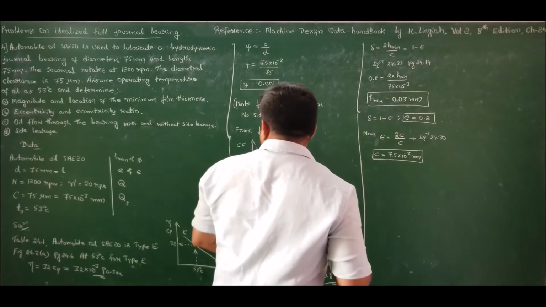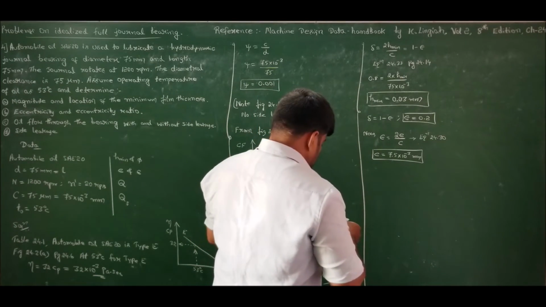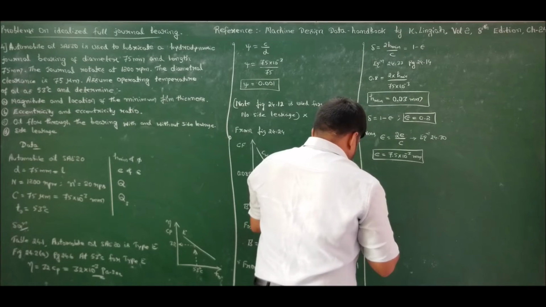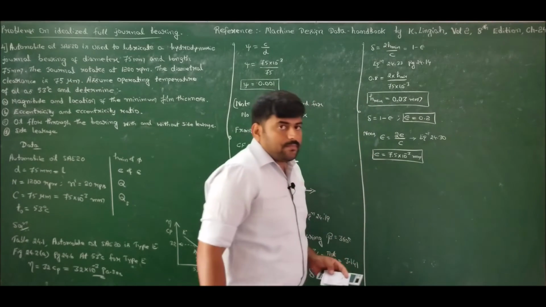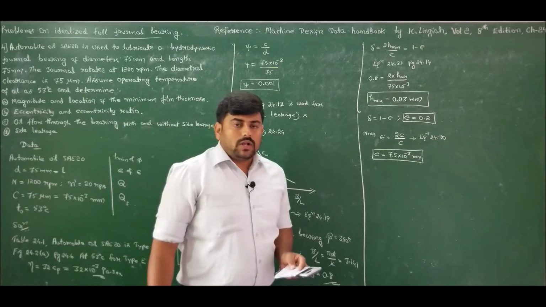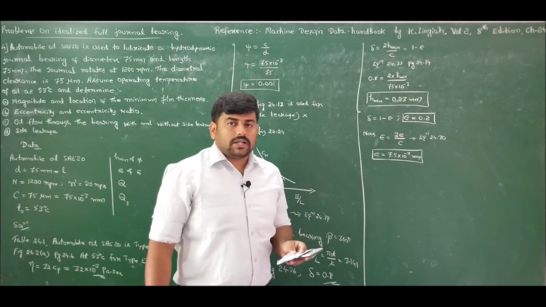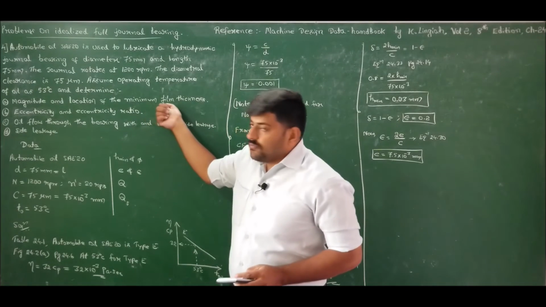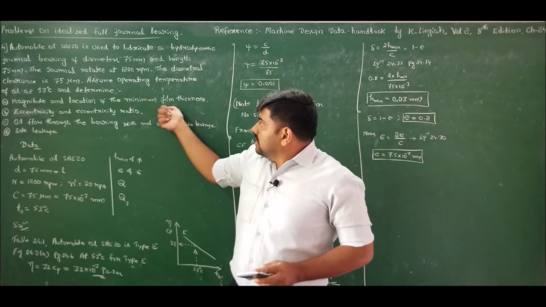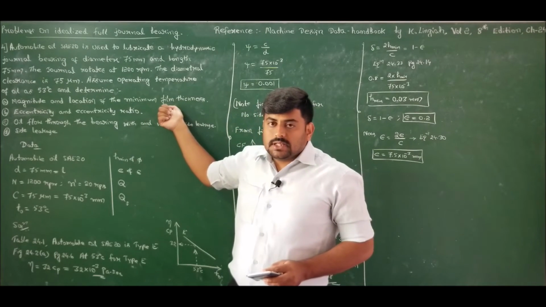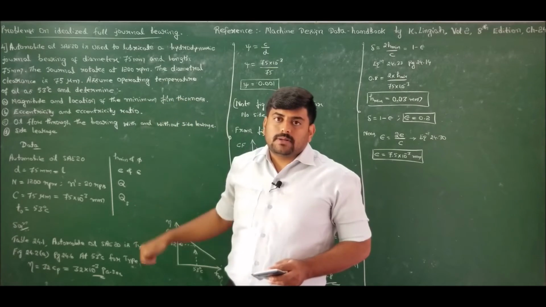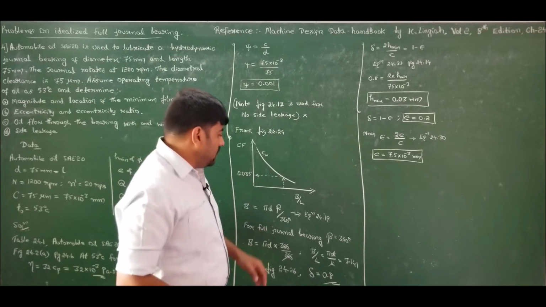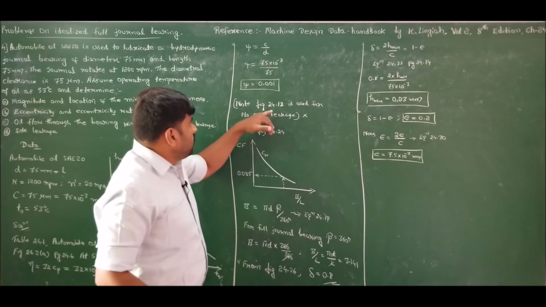Now to find the minimum film thickness location, as usual we can refer to figure 24.11a. Figure 24.11a of page number 24.30 gives us the location of minimum film thickness. But this is a function of the Sommerfeld number. Now the Sommerfeld number is usually determined using the value of delta from graph 24.12.